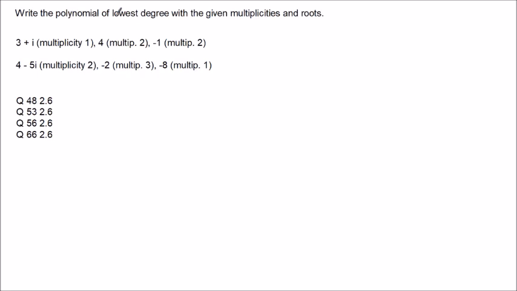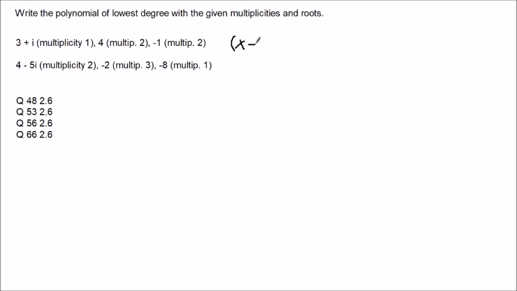Write a polynomial with lowest degree with the given multiplicities and roots. Let's try. We have 3 plus i, multiplicity 1, then 4 plus 5i, multiplicity 2, and minus 1, multiplicity 2. So let's do it. 3 plus i is multiplicity 1, so we have 3 minus i as one of the roots as well.